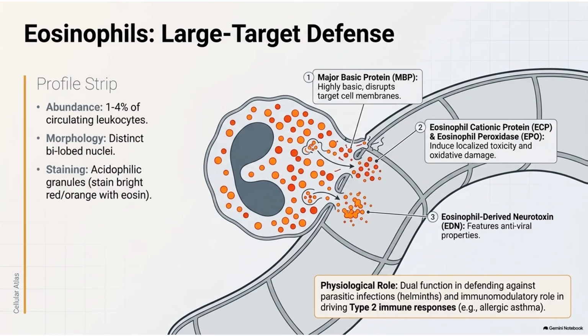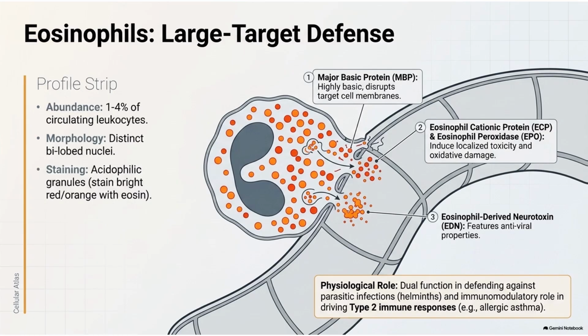But I don't want you to walk away thinking that eosinophils are simply the parasite cell. They also participate in type 2 immune responses and communicate with other components of the immune system through cytokines and other mediators. Their activity can therefore contribute to a much broader immune environment.